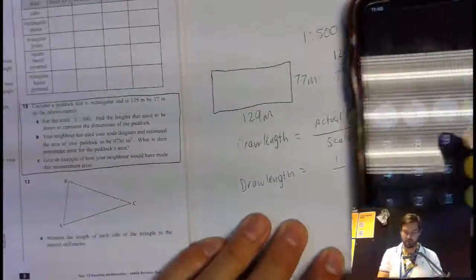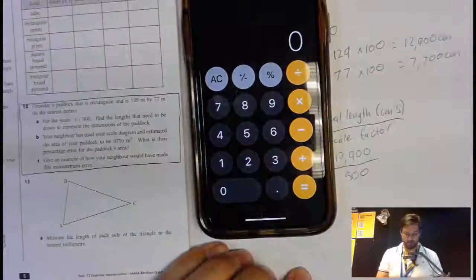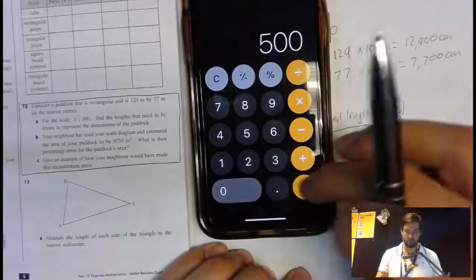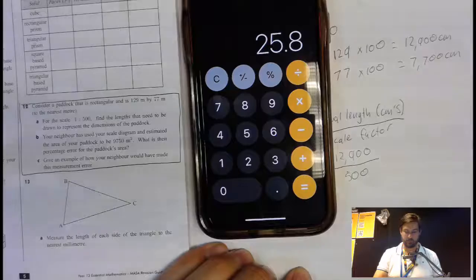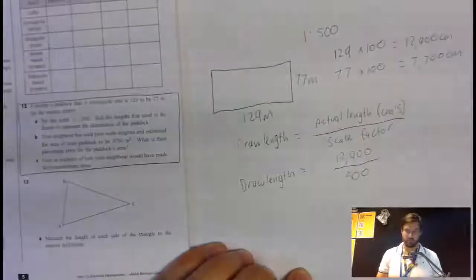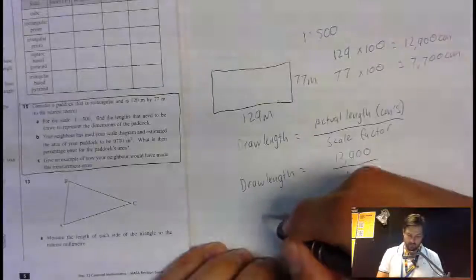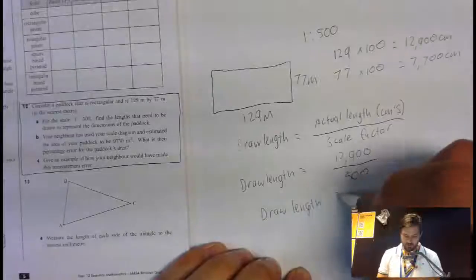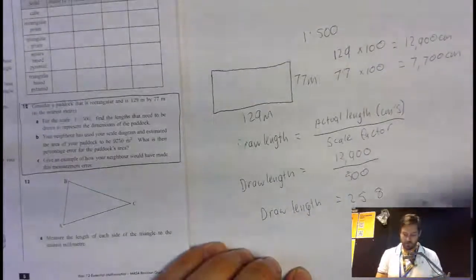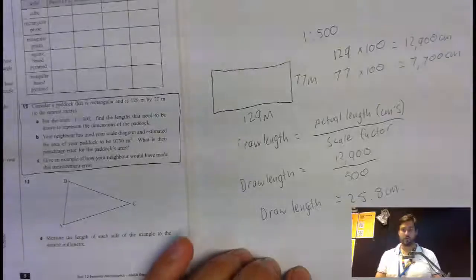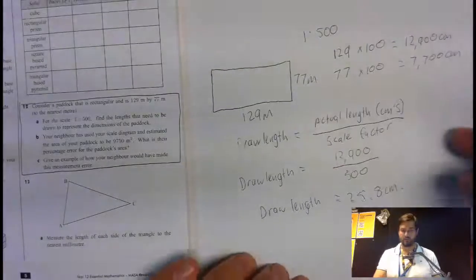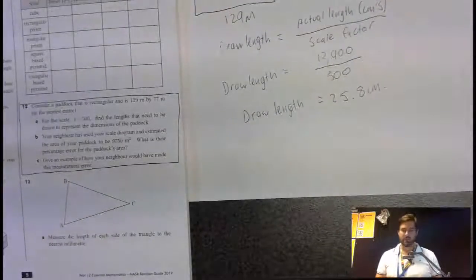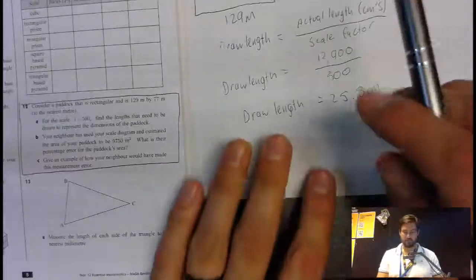Okay, so what that means is that when we draw our diagram, it means that the longest side of our rectangle, which is going to be this side here, is going to be 25.8 centimetres. So I don't have a ruler with me here, but what you do is just measure 25.8 centimetres out there, and then we draw that on our diagram.